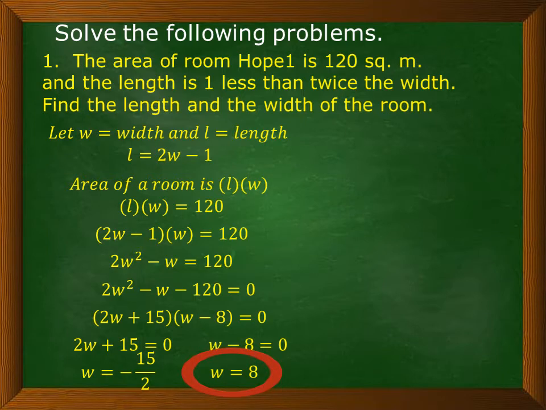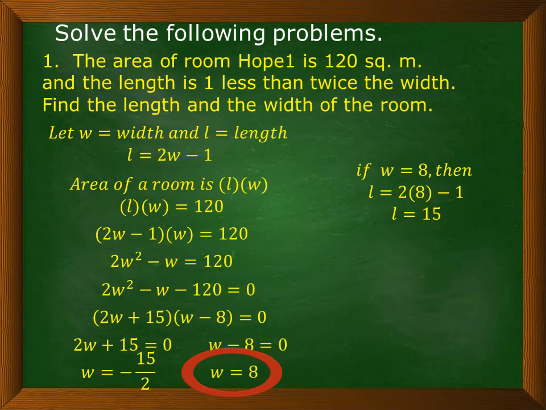So this is the only answer. Why? Because we don't have negative length or negative width or negative measurements. So we just consider the positive one. So if your W is equal to 8, then we will substitute in our first equation, L is equal to 2W minus 1.